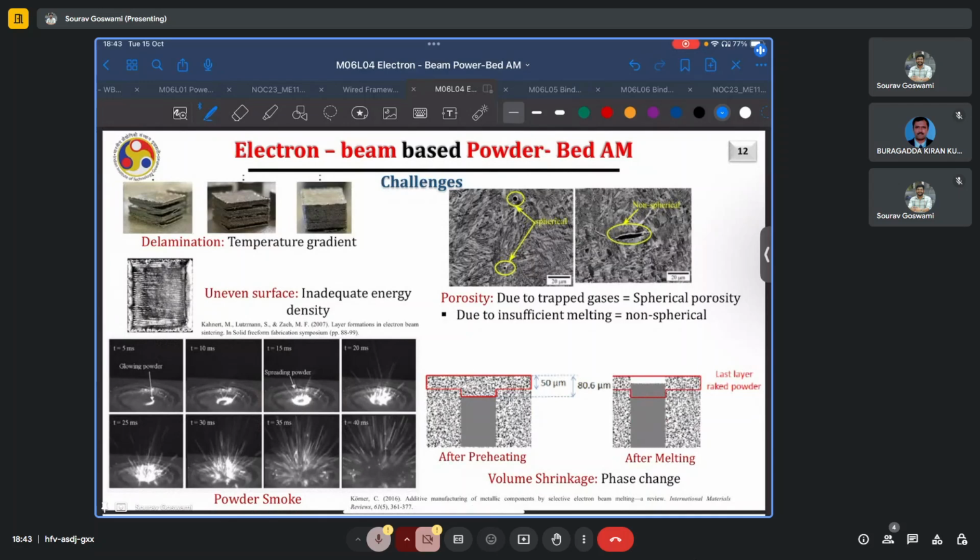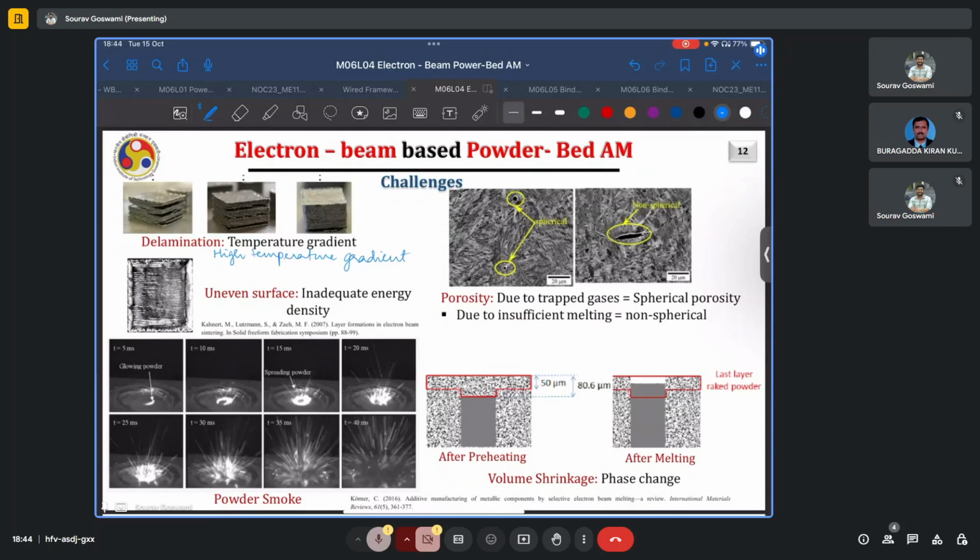Now, there are certain challenges in electron beam based powder bed additive manufacturing processes, and some of them are highlighted here. One can be delamination, and this typically occurs when the temperature gradients are very high. That is, say, your bed or the powders are at ambient temperature, and you suddenly start scanning and reach melting temperatures, say somewhere in the neighborhood of 1600 to 1800 degrees Celsius.